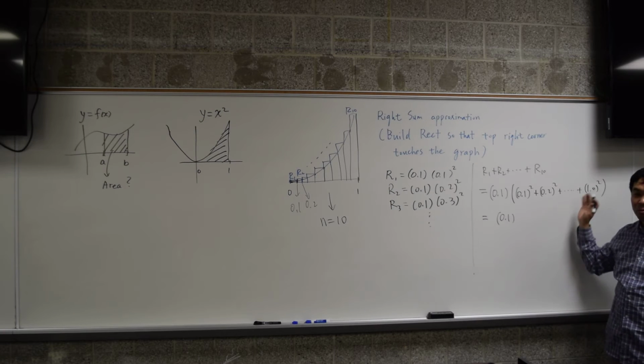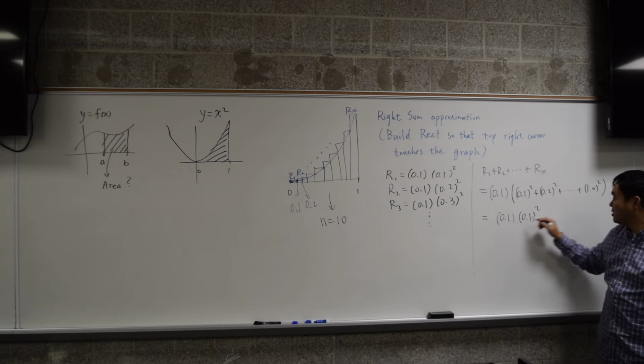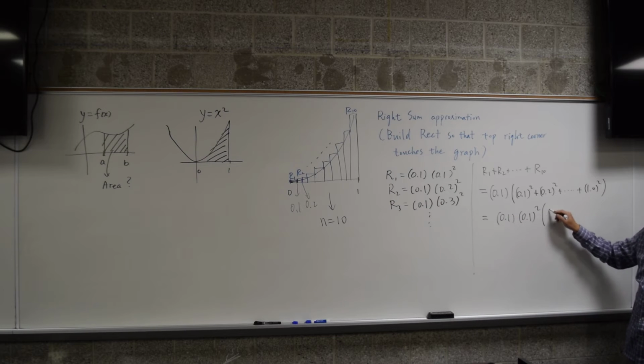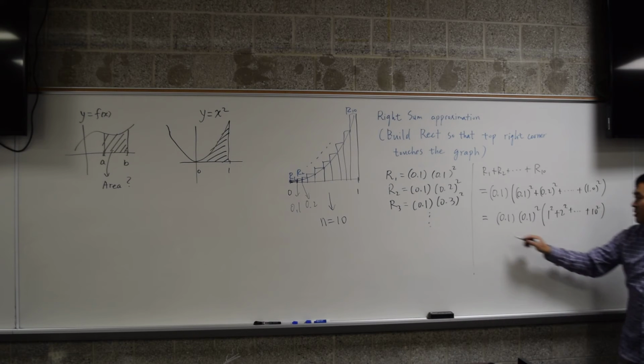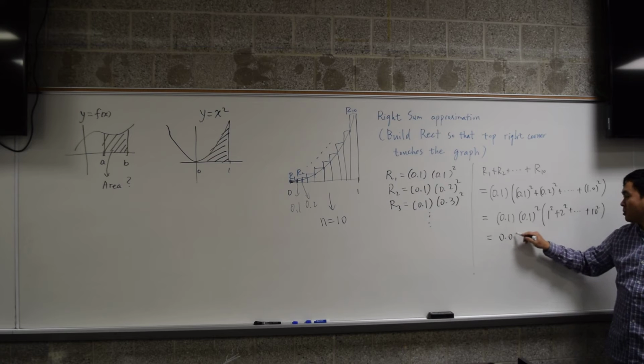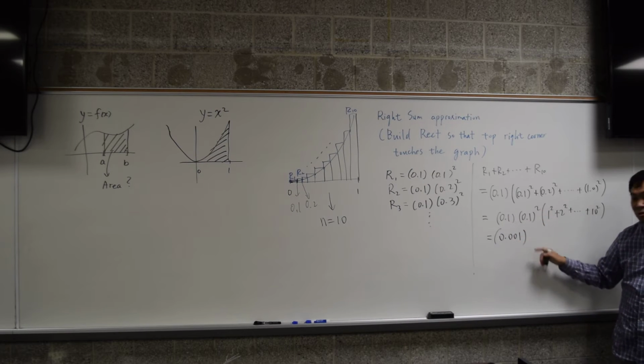So I can pull out a 0.1 outside. Then it'll be 1 squared plus 2 squared up to 10 squared. And this is like 0.001. Right? 0.1 times 0.1 squared is 0.001.